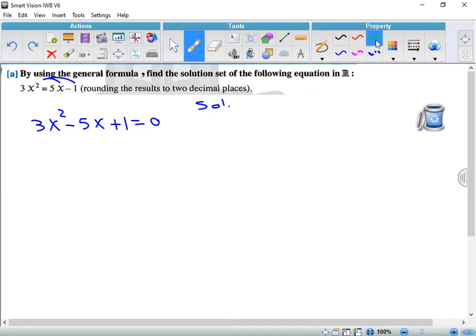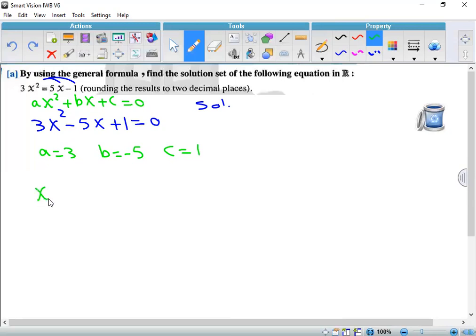We said before, the general form of this equation is ax power 2 plus bx plus c equals 0. Now we can determine the values of a, b, and c. a equals 3, b equals negative 5, c equals 1.